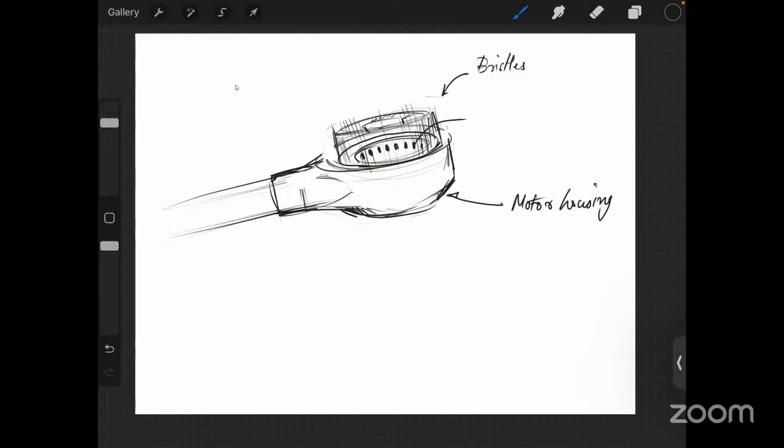And then these are forces which help in centrifugal displacing.